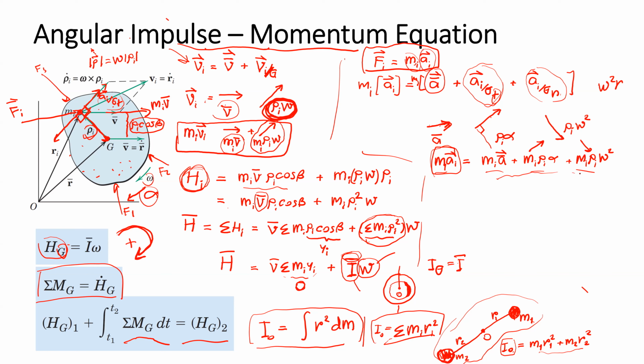But we know that the moment is the force multiplied by the radius. Here, I write M as scalar, so we are going to take clockwise as positive.